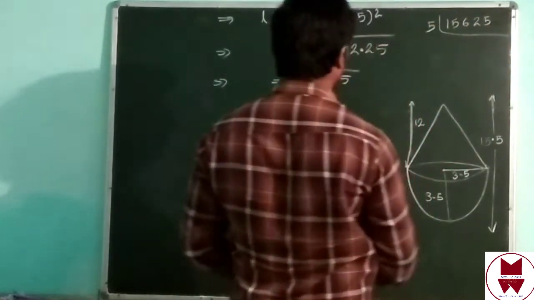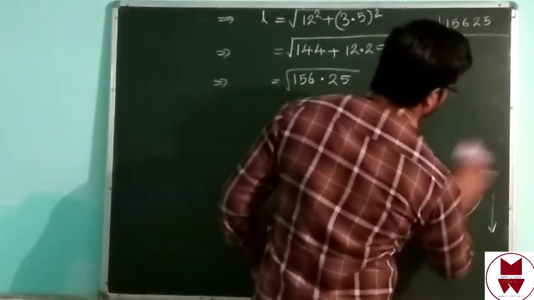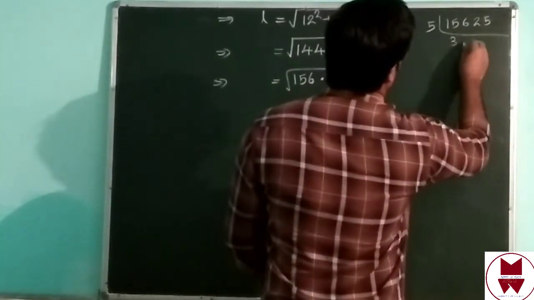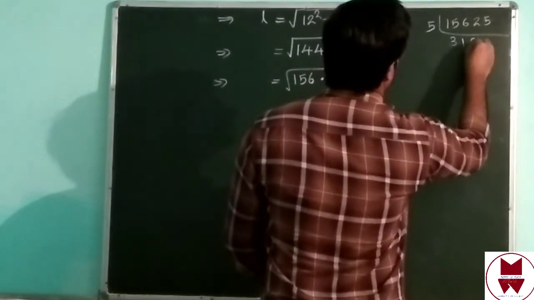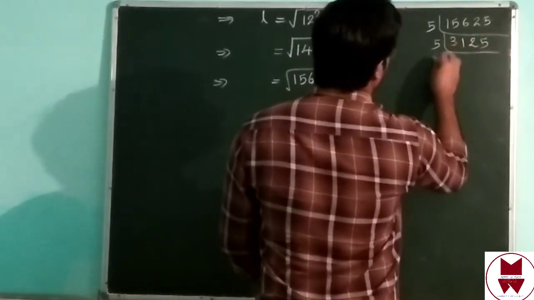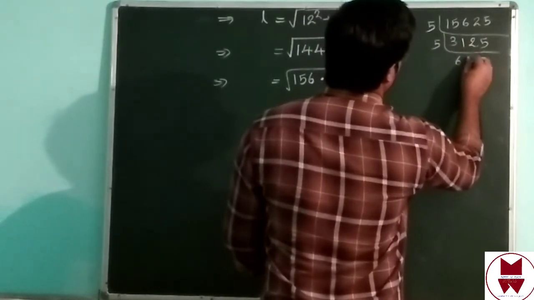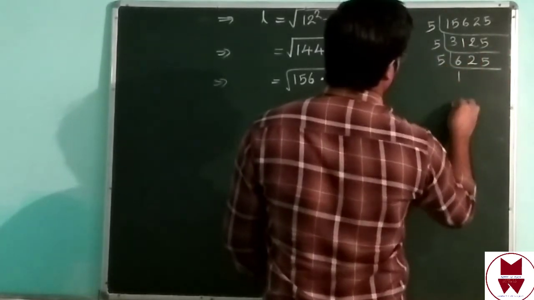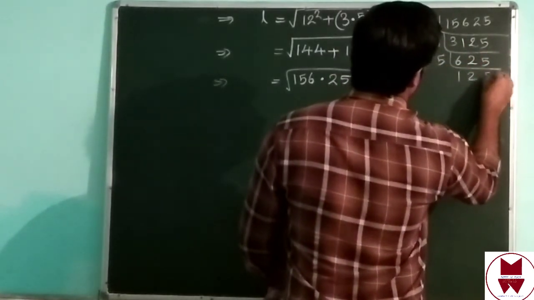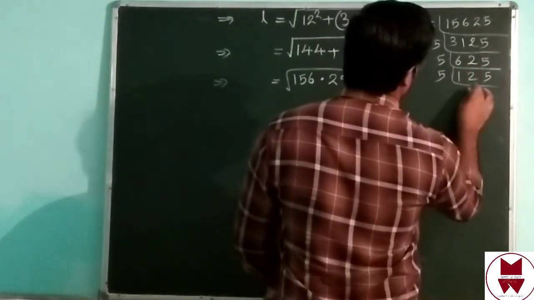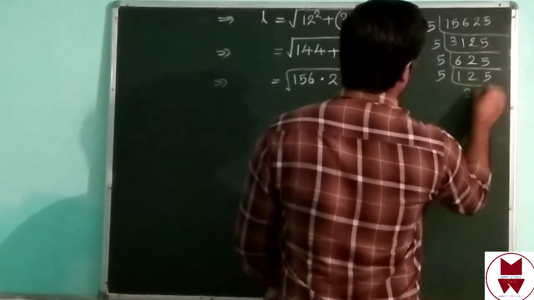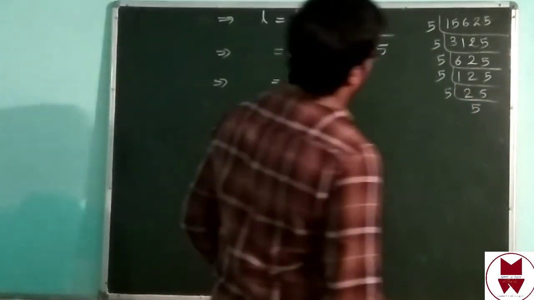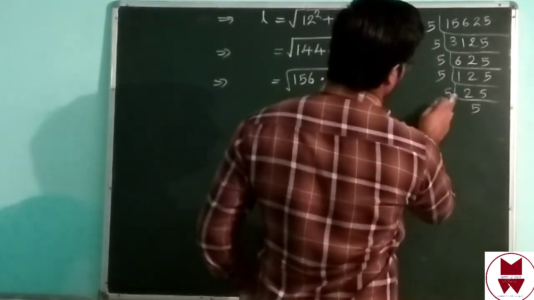Divide by 5 repeatedly, and how many 5s are there? 1 2 3 4 5 6.